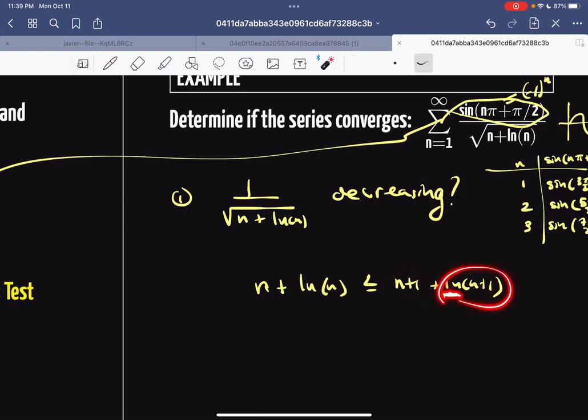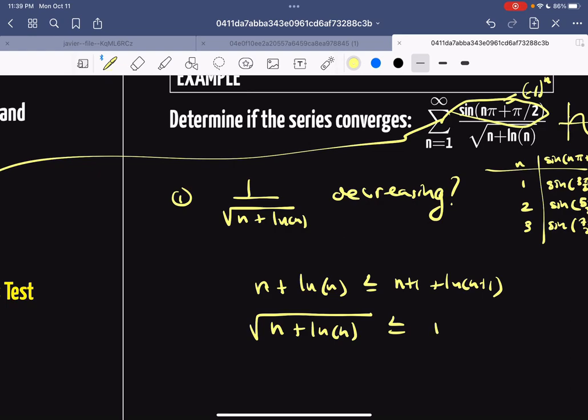Taking the ln just of a bigger number gives you a bigger number than the ln of a smaller number. Then, taking square roots preserves the inequality, so long as we're dealing with positive numbers. So this would be okay.